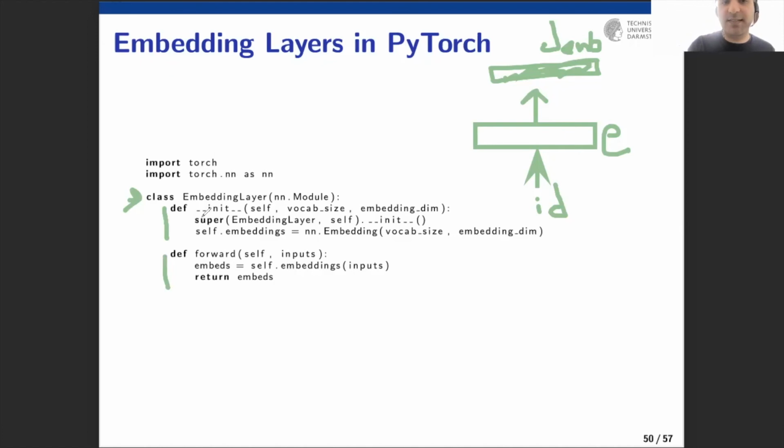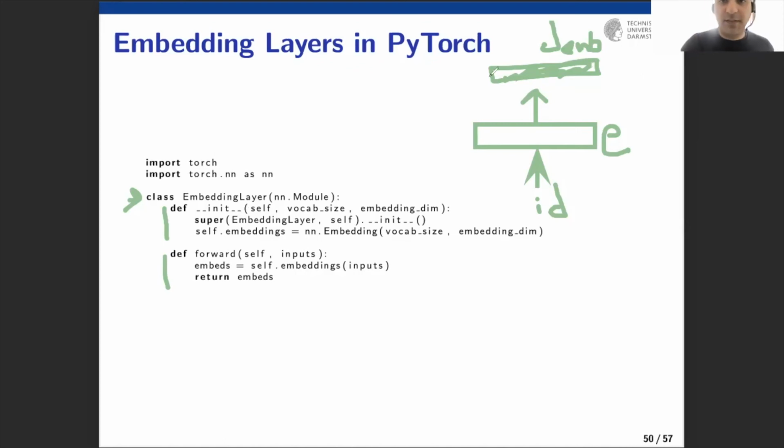The first function is init, where you initialize your parameters, or you define the properties of your class, and the forward function, which does the task of the forward pass in backpropagation. So given input, it returns the output. These two functions are fixed and you need to implement them.